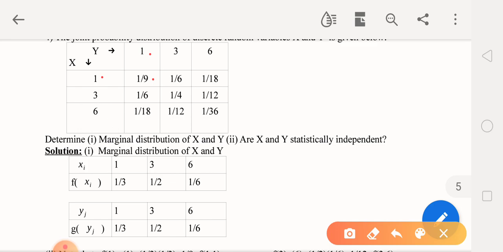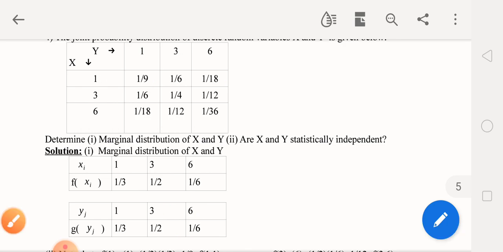Now, when x equal to 1, y equal to 3, 1 by 3 into 1 by 2, it is 1 by 6. When x equal to 1 and y equal to 6, the product of probabilities 1 by 3 into 1 by 6, it is 1 by 18.